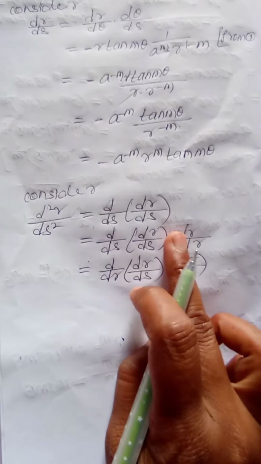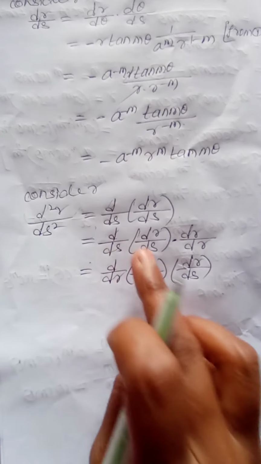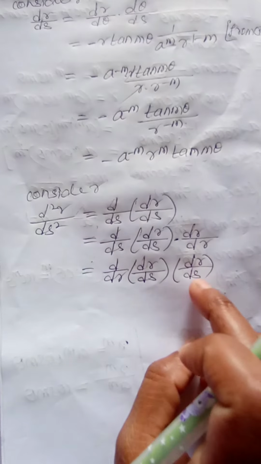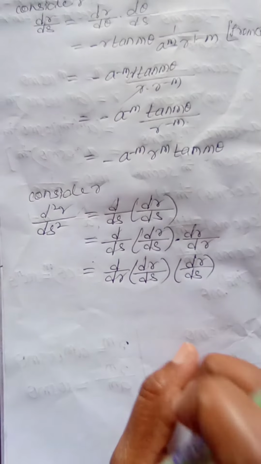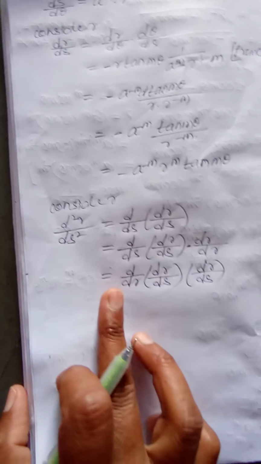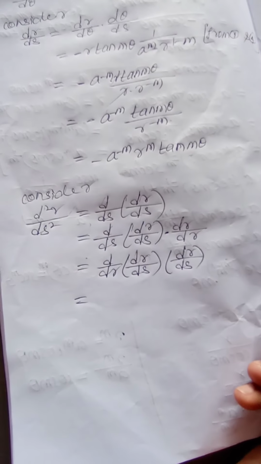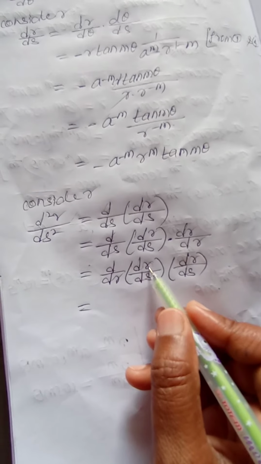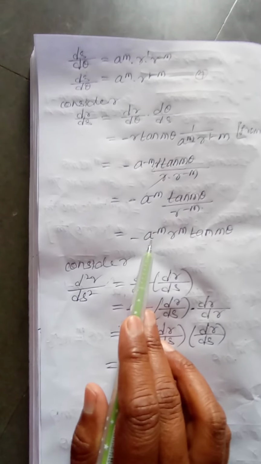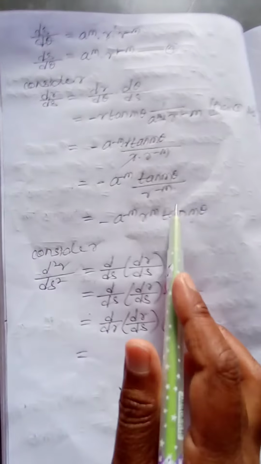So d by dr of dr by ds, and this is dr by ds. Here we know the dr by ds value, so substitute dr by ds. So dr by ds value is minus a to the power of minus m r to the power of m tan m theta.